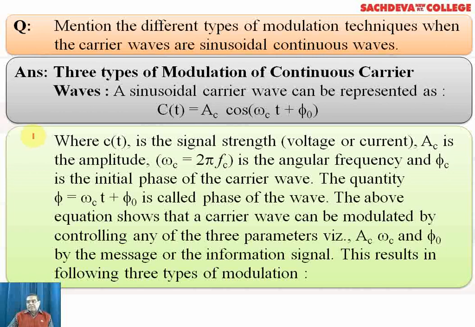Ac stands for the amplitude of the carrier wave, and c(t) is the signal strength, that is voltage or current, and it is in the form of a continuous sinusoidal wave.